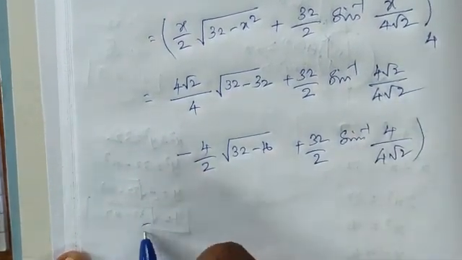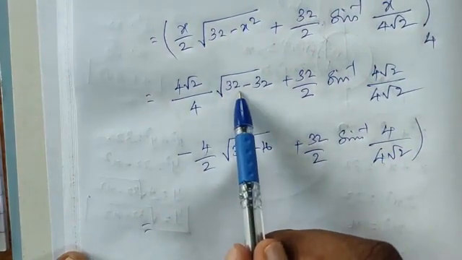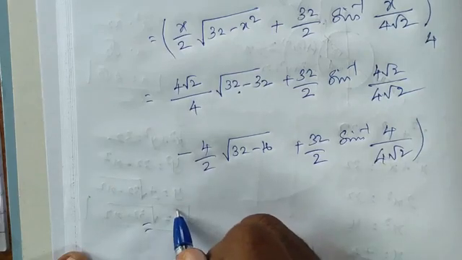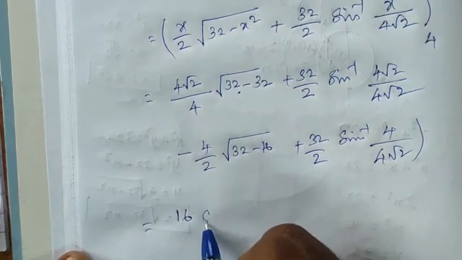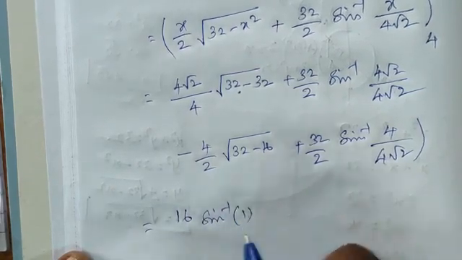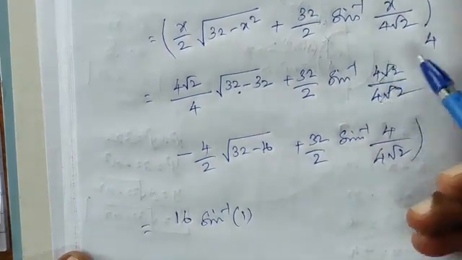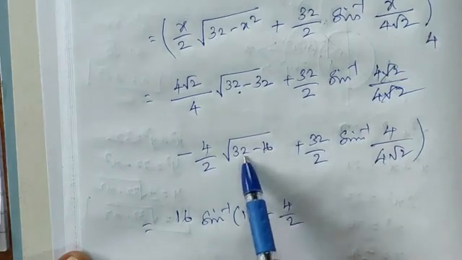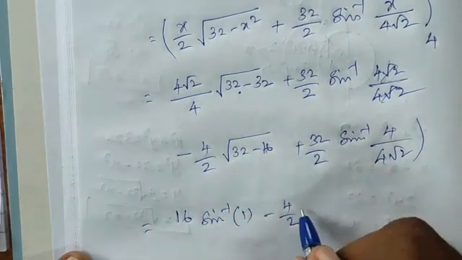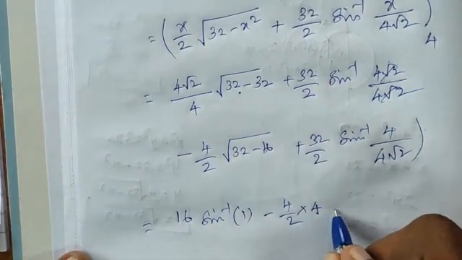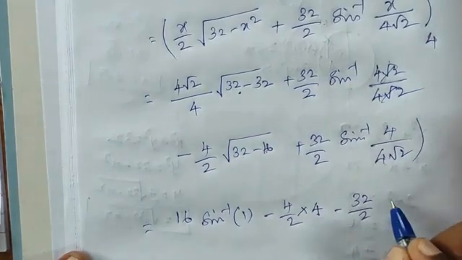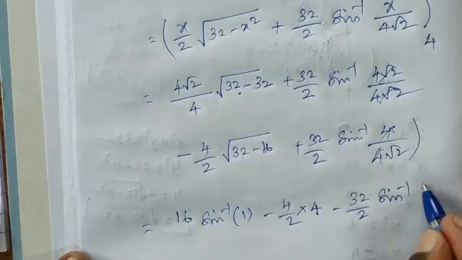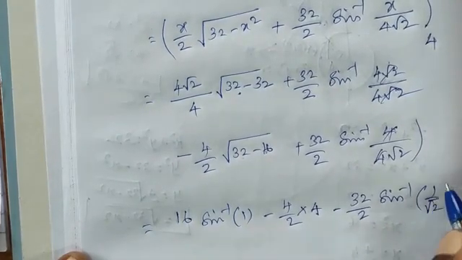Now listen here, 32 minus 32 is 0, so this term gets cancelled. So 32 by 2, 16 sine inverse of 1. Then minus 4 by 2 into root of 32 minus 16, root 16 is 4, minus 32 by 2 into sine inverse of 4 by 4 root 2, so sine inverse of 1 by root 2.